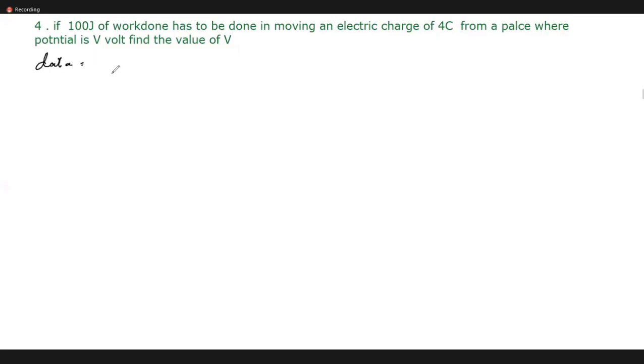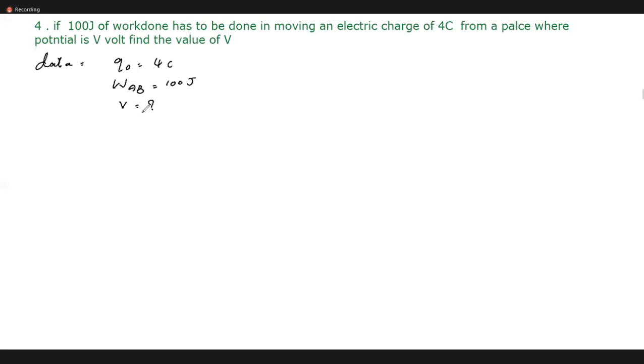The charge Q is equal to 4C. And the work done from A to B is 100 joules. Given this, you need to find the potential difference, right?